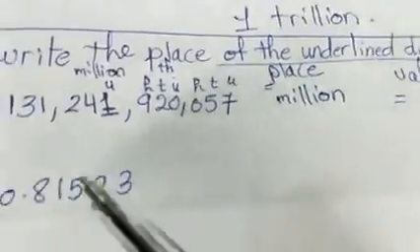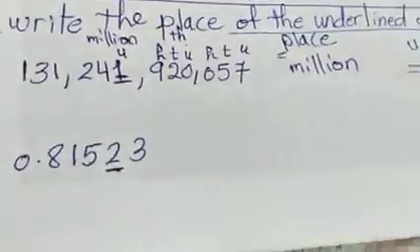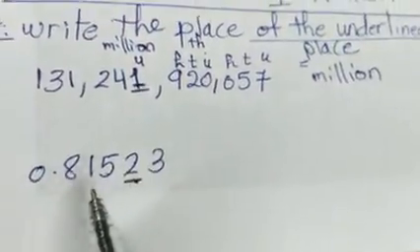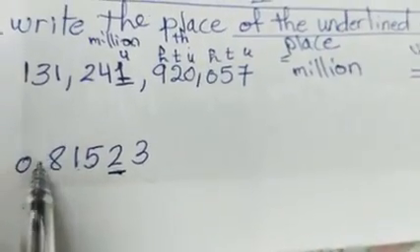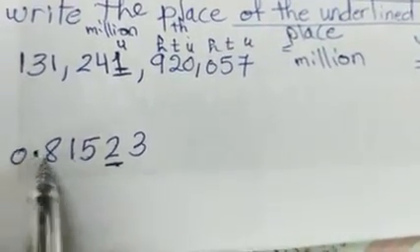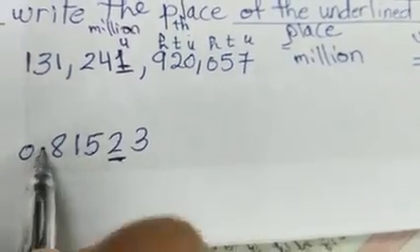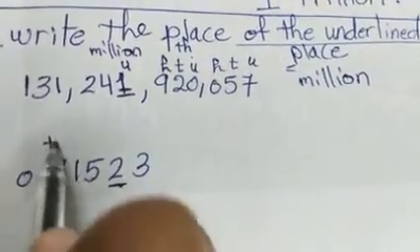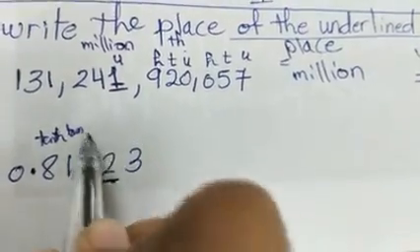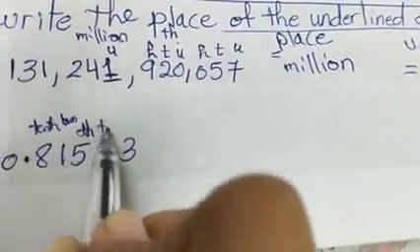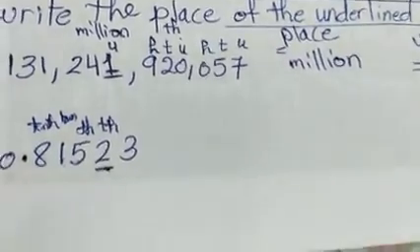In decimal numbers, I name the places starting just after the decimal point: this is tenths, this is hundredths, this is thousandths, and this is ten-thousandths.